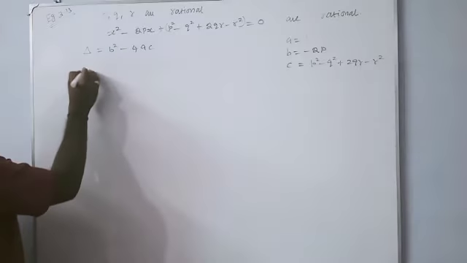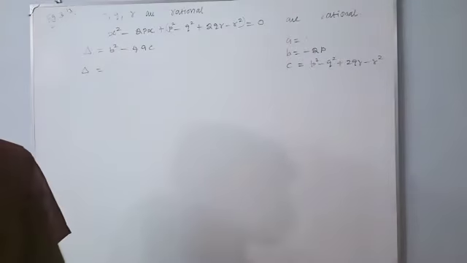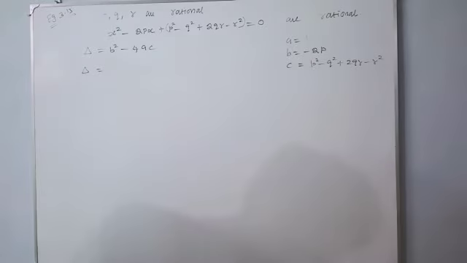Now delta is equal to b squared minus 4ac.